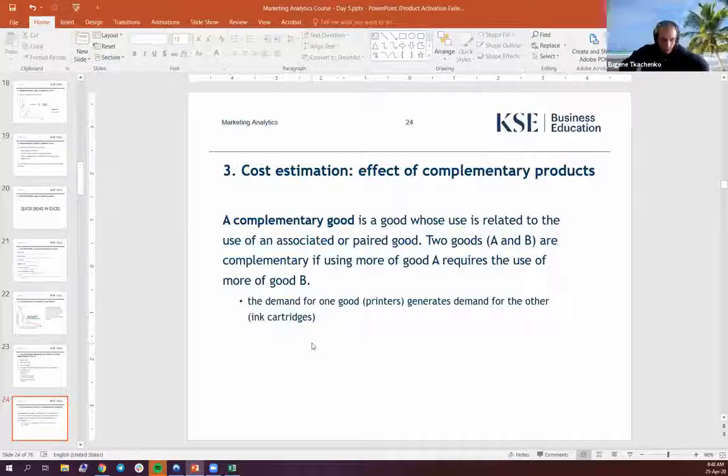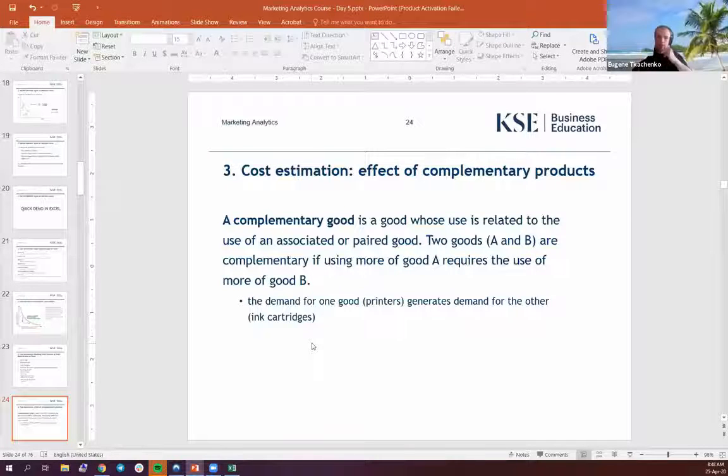So the problem with selling and advertising the sales of ink cartridges is their price. Because when you're selling ink cartridges together with ink printers, it's easier to sell them together because the cost of packaging as well as any sort of transportation costs will be automatically low.